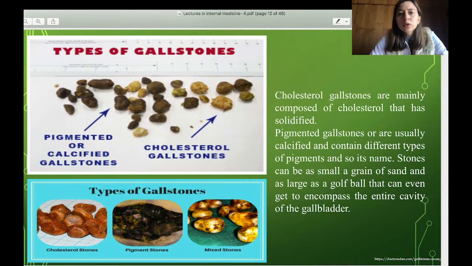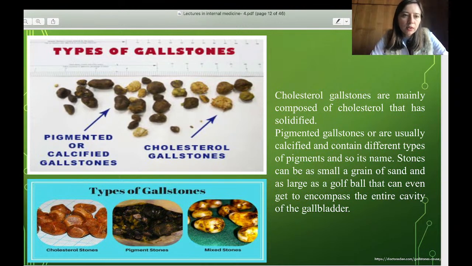Cholesterol gallstones are mainly composed of cholesterol that has solidified. Pigmented gallstones are usually calcified and contain different types of pigments, hence the name. Stones can be as small as a grain of sand and as large as a golf ball that can even encompass the entire cavity of the gallbladder.